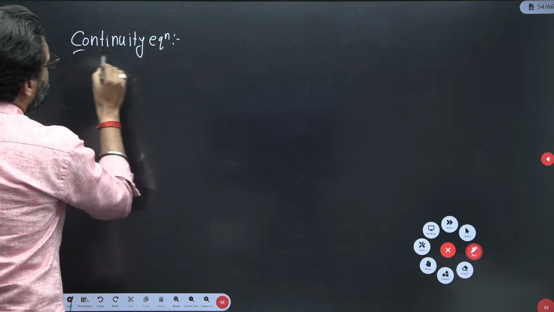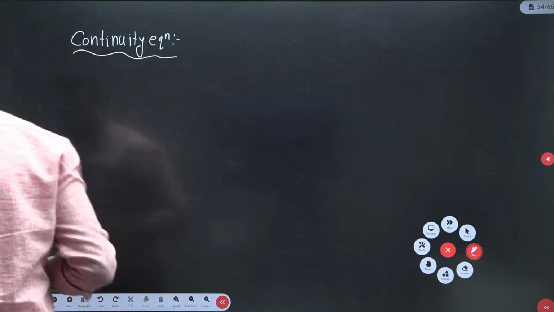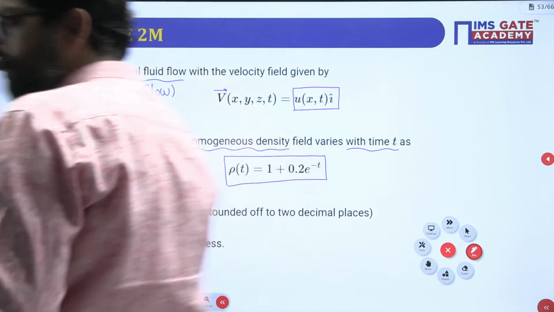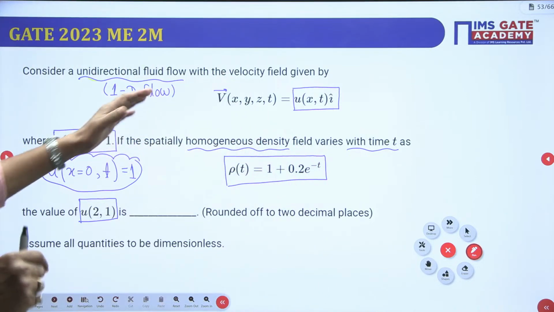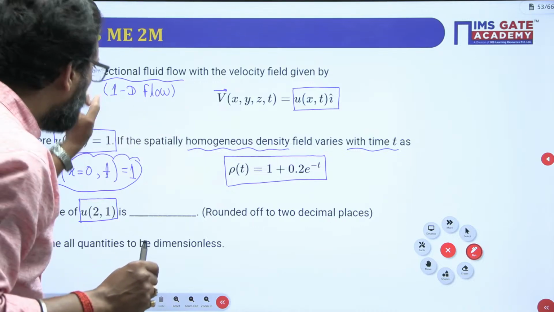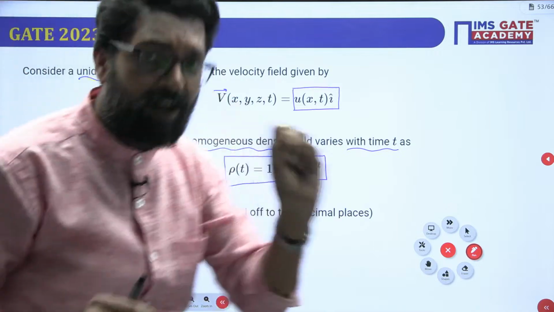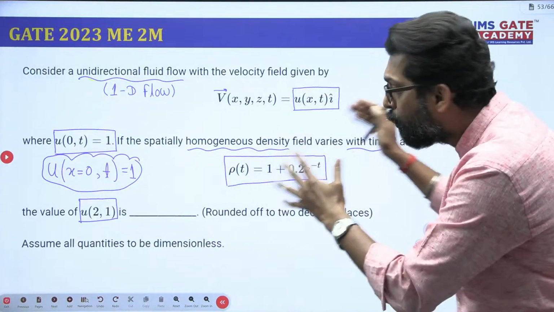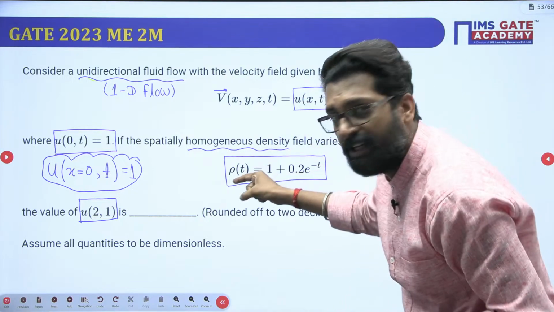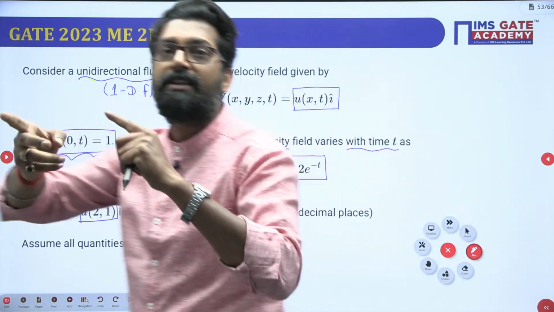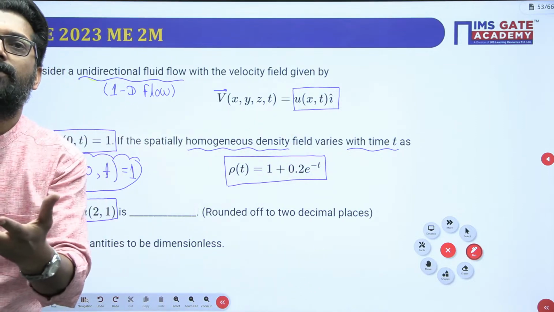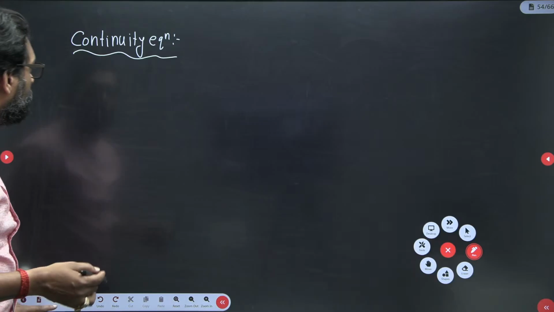Now, my dear, see, if you have this question in front of you, let's suppose this is a GATE question and you are sitting in the examination hall, the first thing in our mind is how to solve this question. See, velocity is given, density is given. The relationship between velocity and density is your continuity equation. So just apply the continuity equation in the differential form.